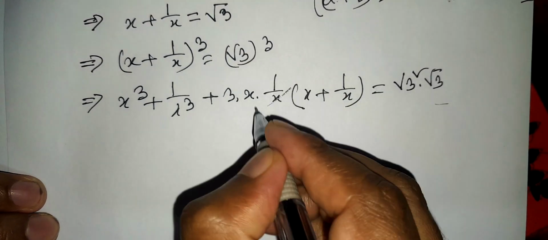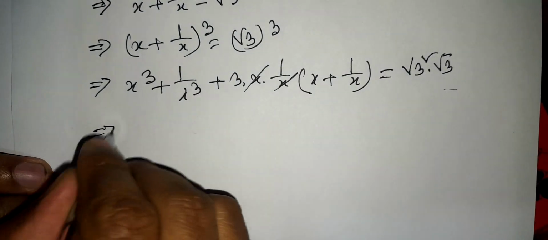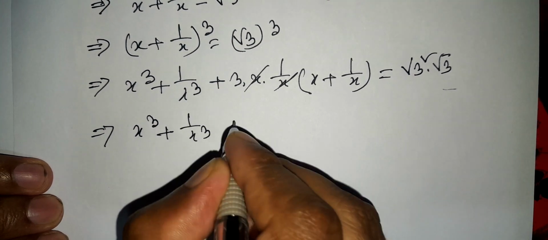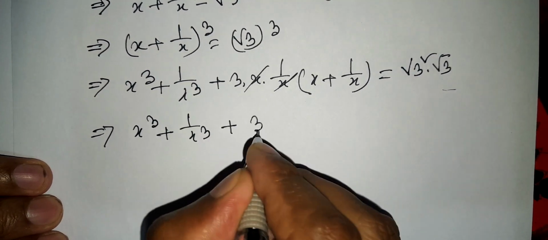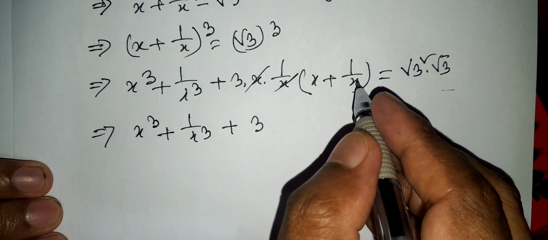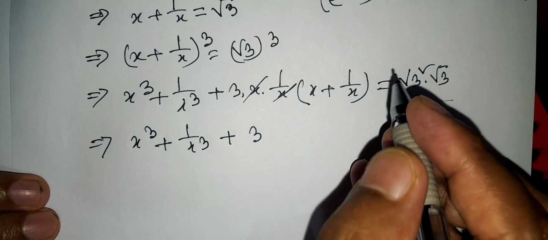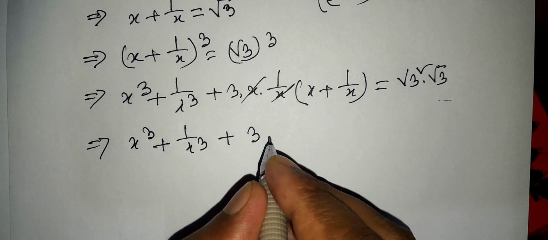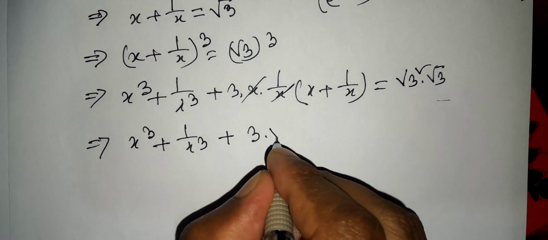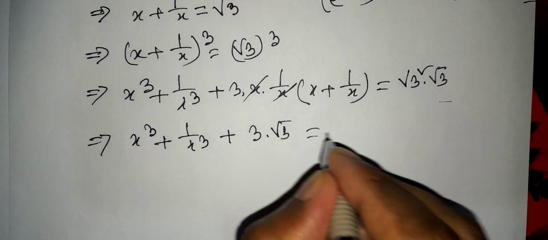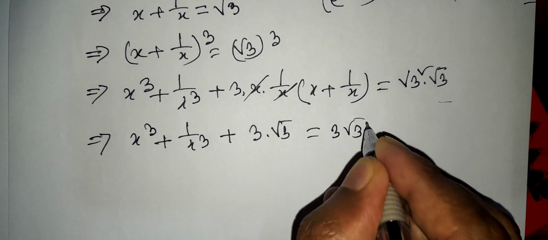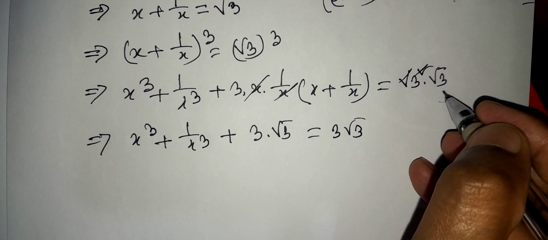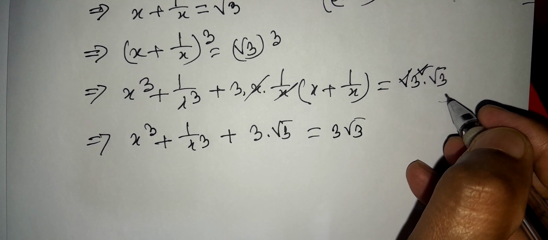Okay, x cancelled, so we can write x cube plus 1 by x cube plus 3 into x plus 1 by x is equal to root 3 whole cube. Now we write 3 root 3, as the square root cancels, so we can write 3 root 3.